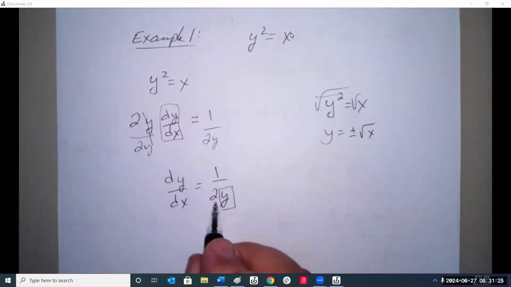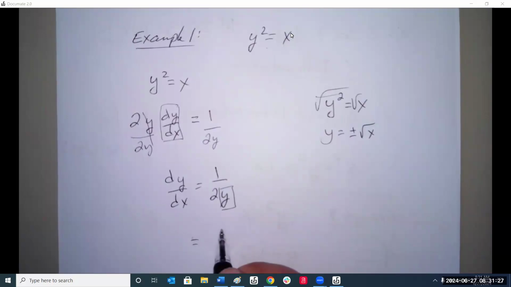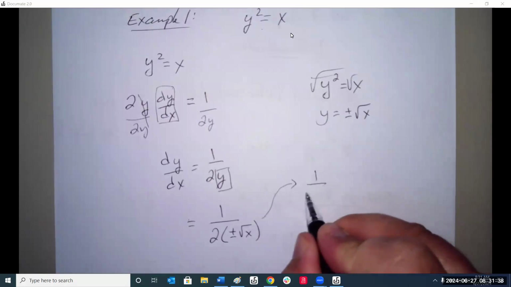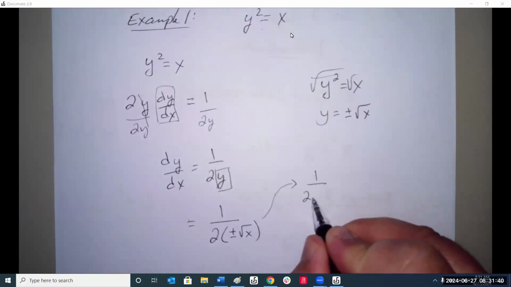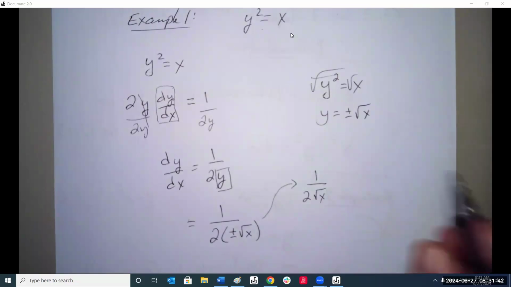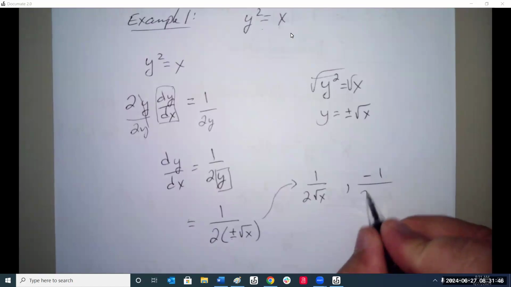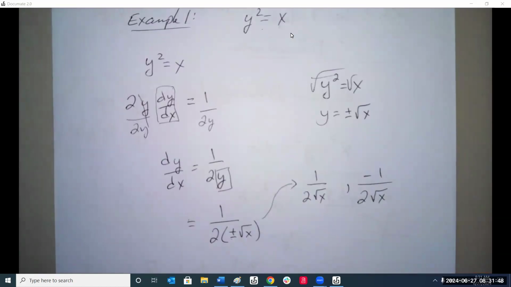So this becomes 1 over 2 times plus or minus square root of x, which gives us our two answers: 1 over 2 square root of x with the positive side, and with the negative side, negative 1 over 2 radical x. See, it's a lot faster, a lot cleaner.